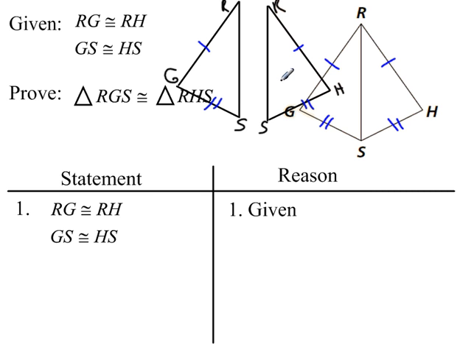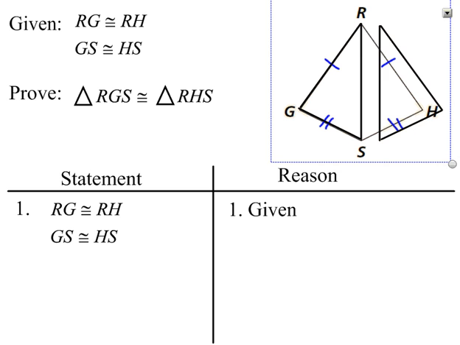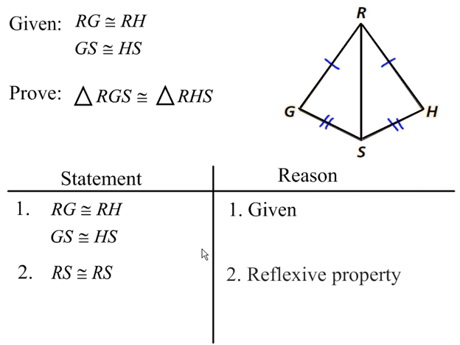Does that make sense? So let's bring that back. So since you have a shared side, that shared side is equal to itself. So we could say RS is equal to RS, and that's called the reflexive property.